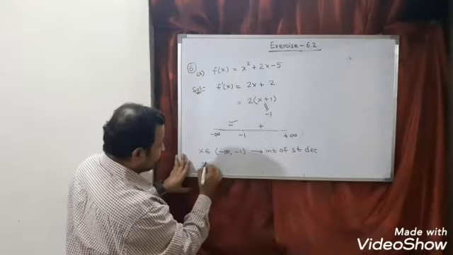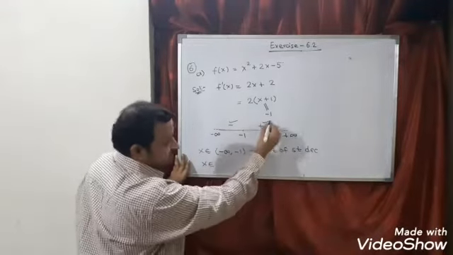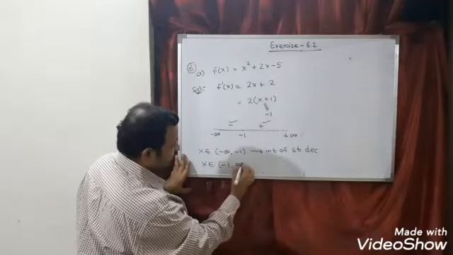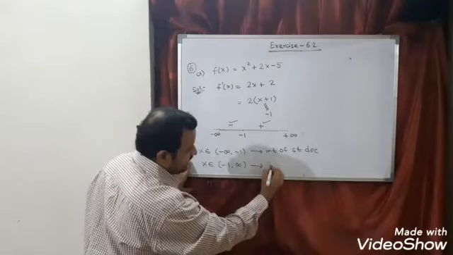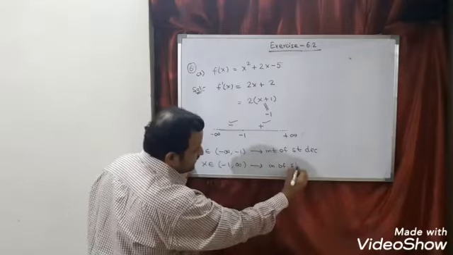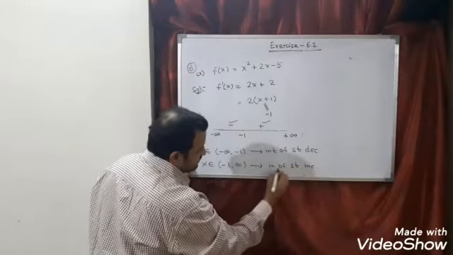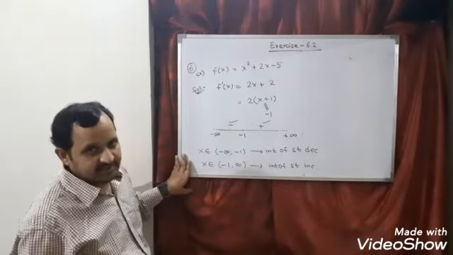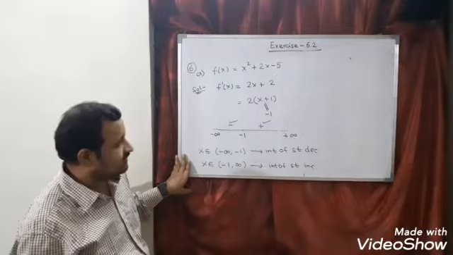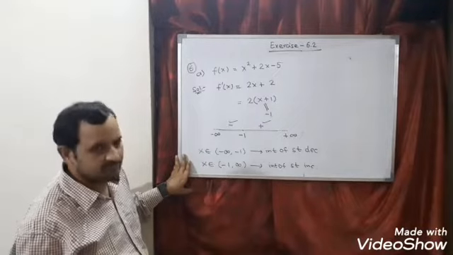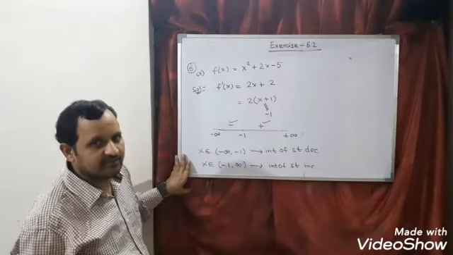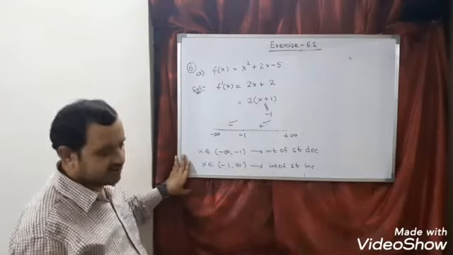Same way, x belongs to, the positive sign means increasing, so minus 1 to infinity. This is nothing but the interval of strictly increasing. So I think it is clear. Just apply the working step, and we can easily find the interval of increasing and the interval of decreasing. Let us see the second question.